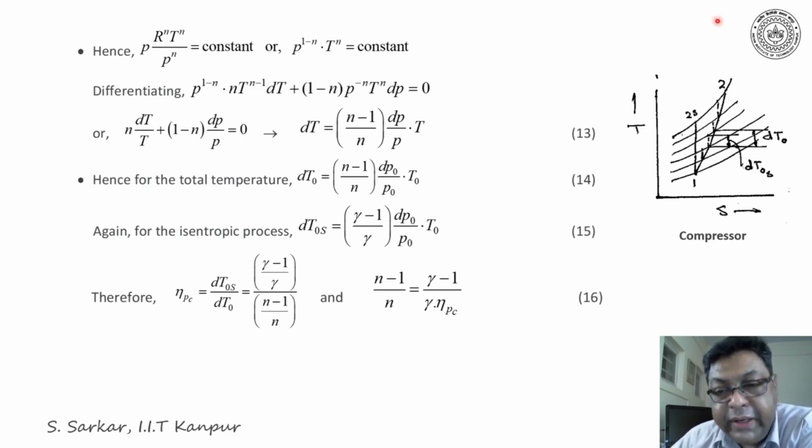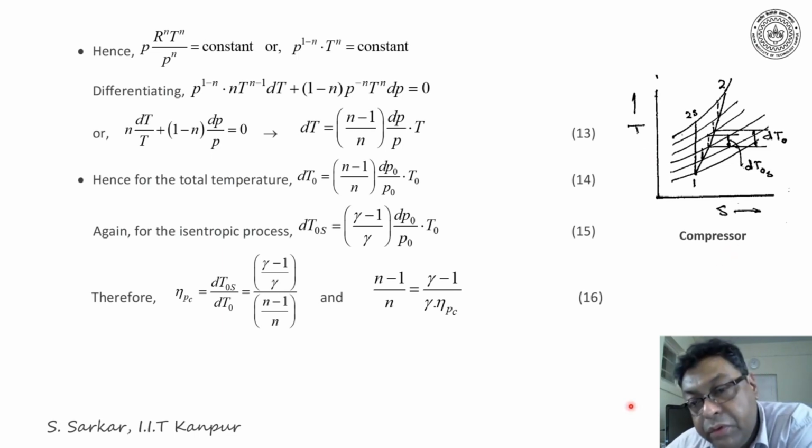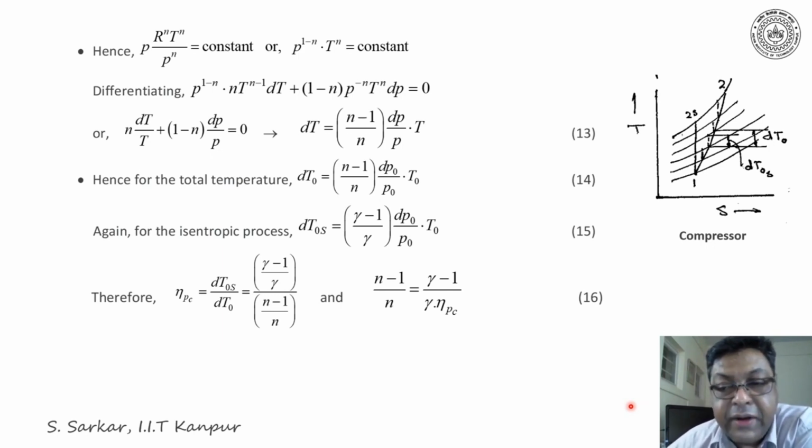Now, I have indicated here the elemental stage in T and the compressor in the TS diagram, where dT0 is the actual temperature rise through this elemental stage, and dT0s is the corresponding isentropic temperature rise.